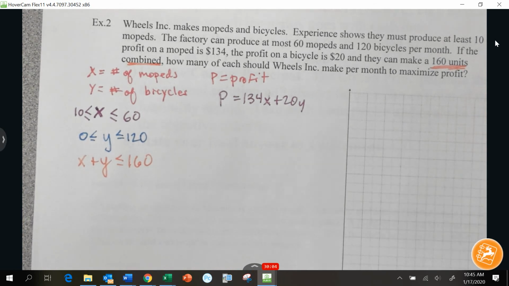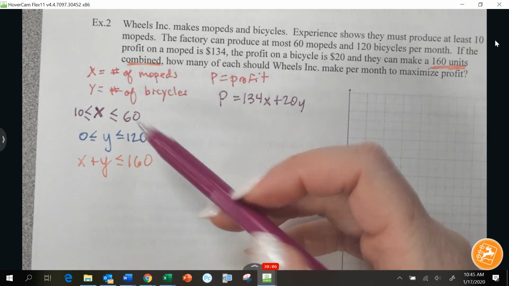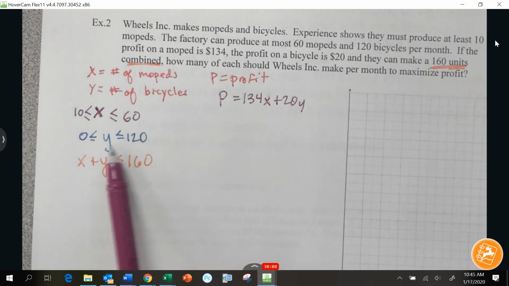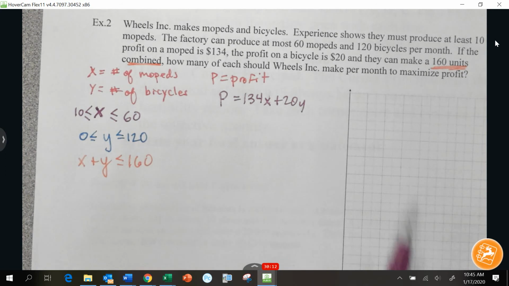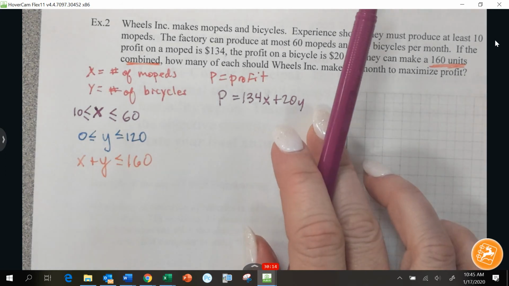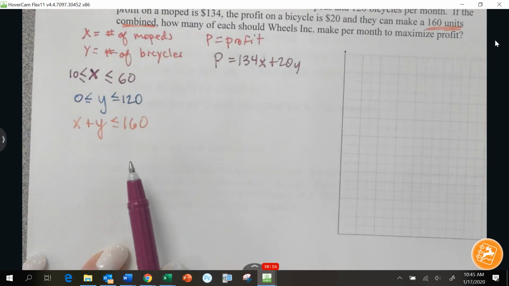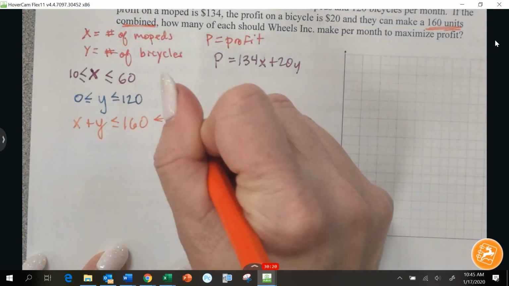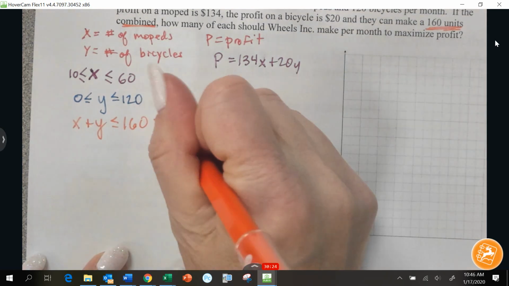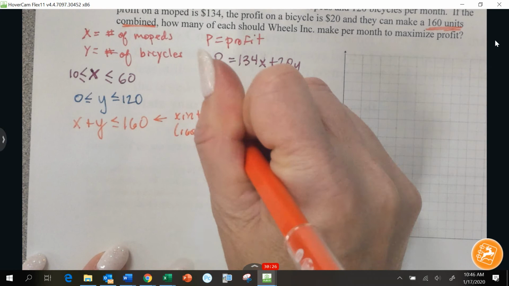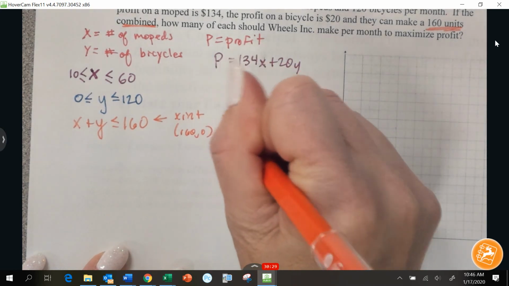So I'm going to find x and y intercepts. The x's and y's are already given to you, and I'm looking right now. The y-intercept has to go up to 120, so I'm not counting by ones, right? Let me just find these real fast. These should be easy. What's our x-intercept for this? 160. And what's our y-intercept? Also 160.